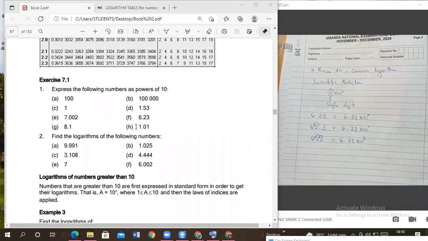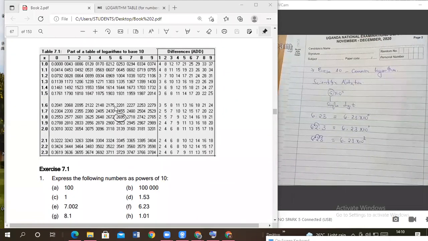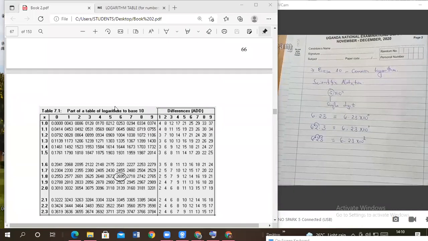Now, what we did at that time, we were looking at how to read logarithm. So let's write this one.